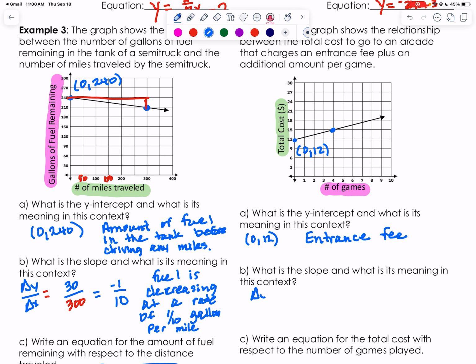So I want the change in y over the change in x. So I'm going from 12 up to 15. That's 3 units. Then I'm going over 1, 2, 3, 4. 3/4. Now, because this is money, we usually write money in decimal form.